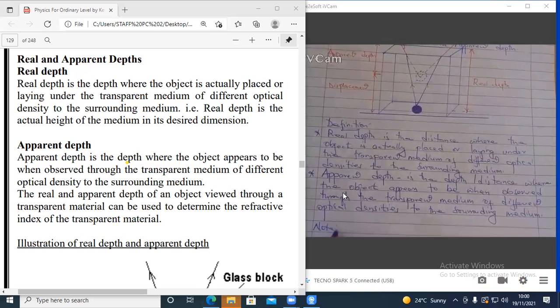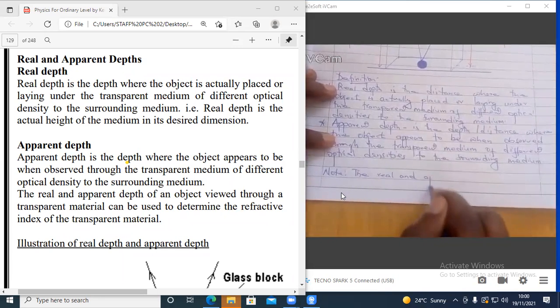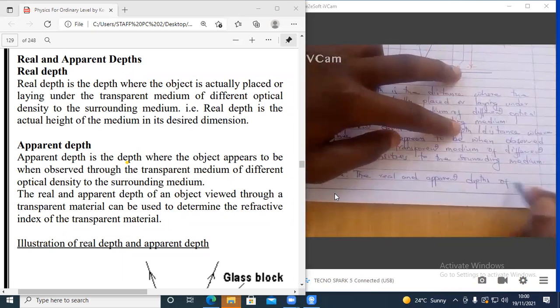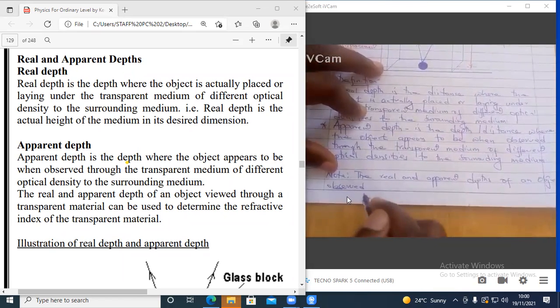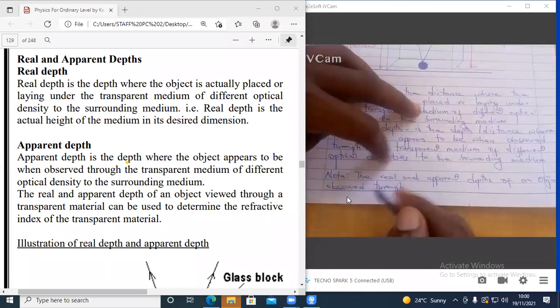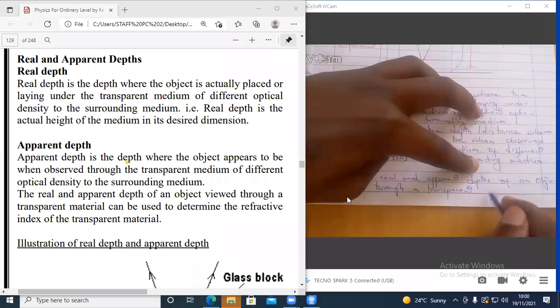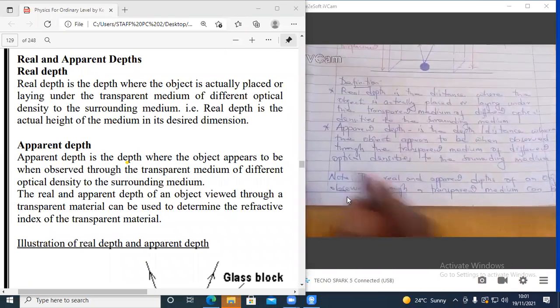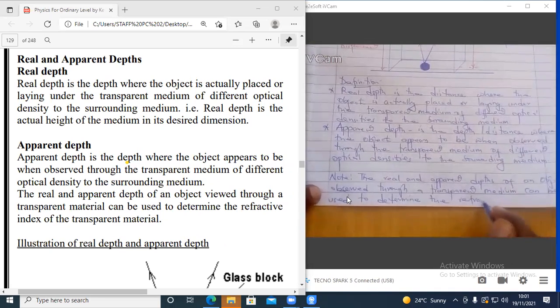The real and apparent depth of an object observed through a transparent medium can be used to determine the refractive index.